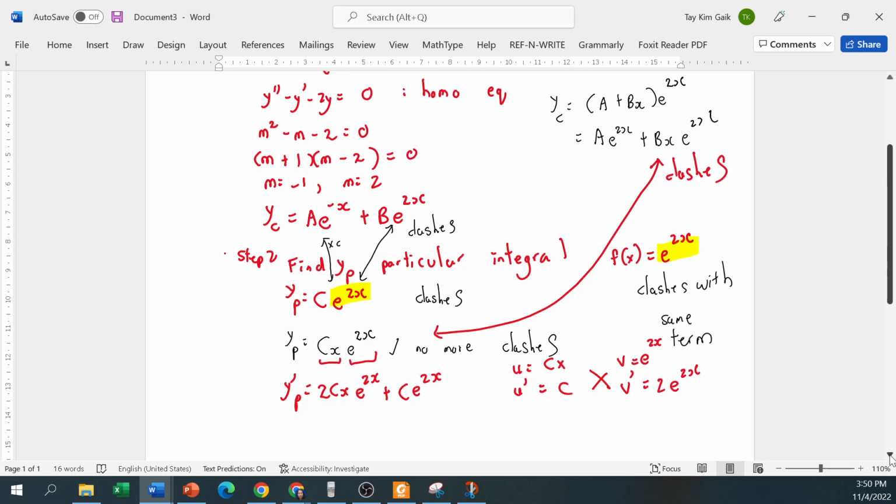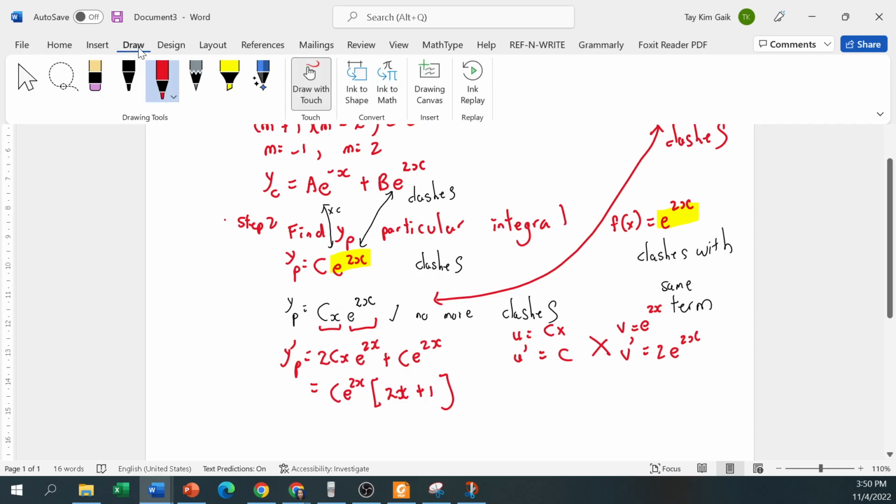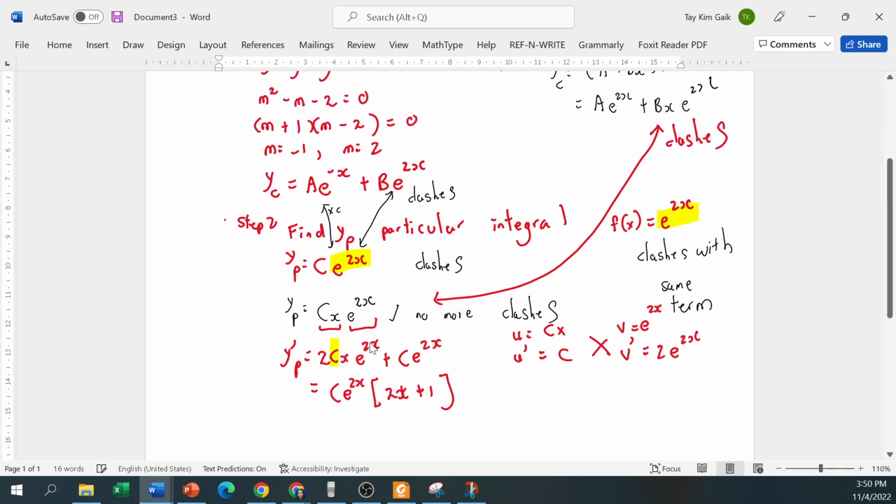And then you may factor out c exponent 2x. So the first term still leaves 2x, and the second leaves 1, so c exponent 2x times (2x plus 1).